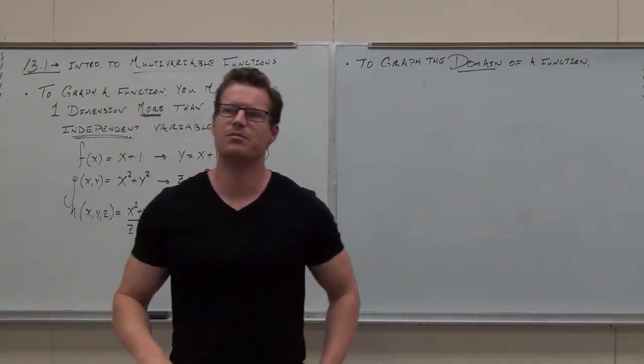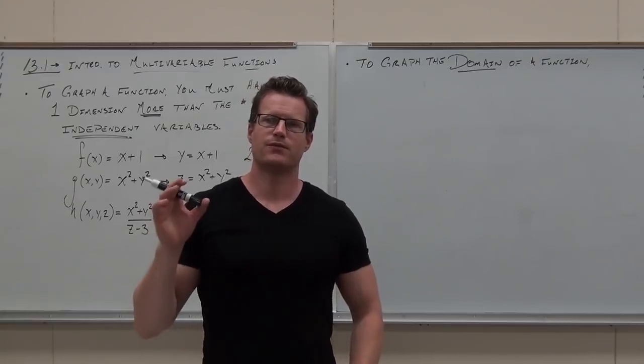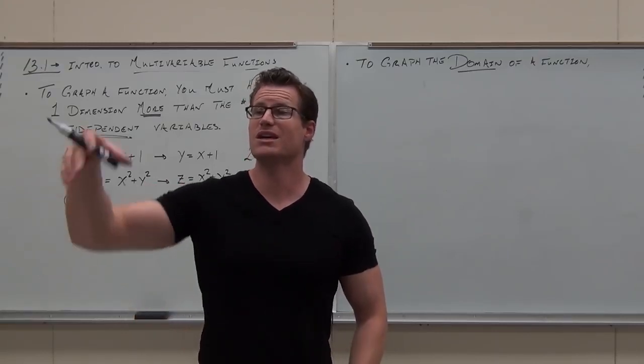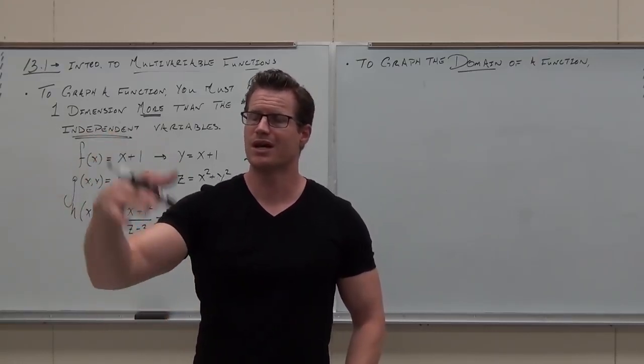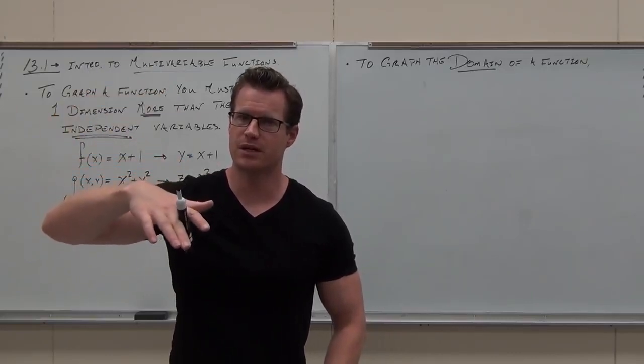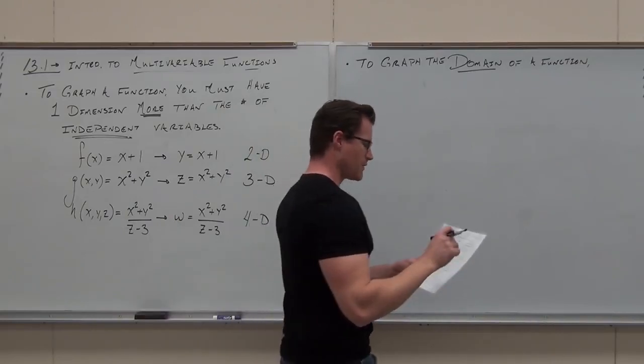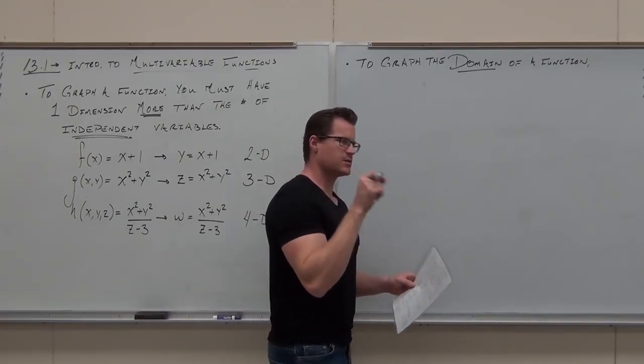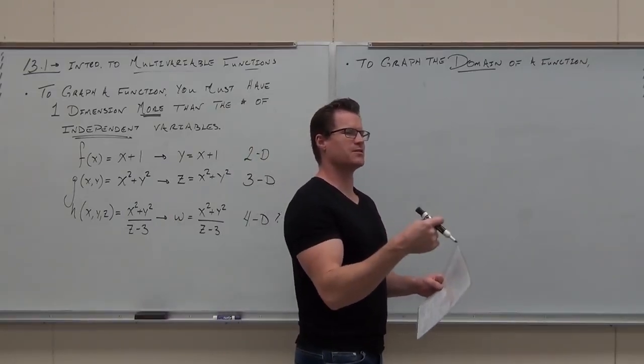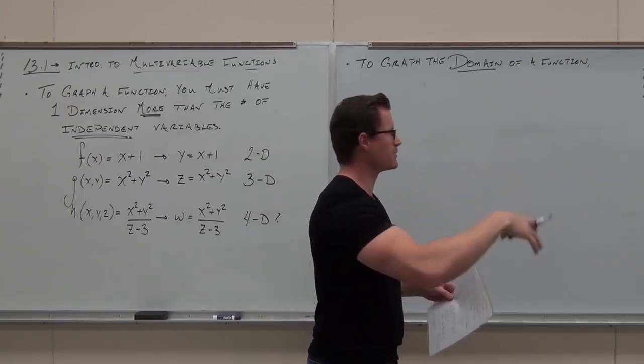To graph the domain of the function, you've got to have a dimension equal to the number of independent variables. It's one lower than the graph itself. So, well, we'll talk about it in a second. Write this out. To graph the domain, you have to have the same dimension as the number of independent variables. We'll always revert back to independent variables.